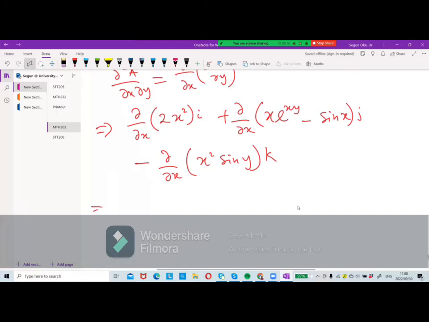What they ask us to do now is, let's differentiate this with respect to x. I have 4xi, plus, now if I'm differentiating this with respect to x, what do I get?